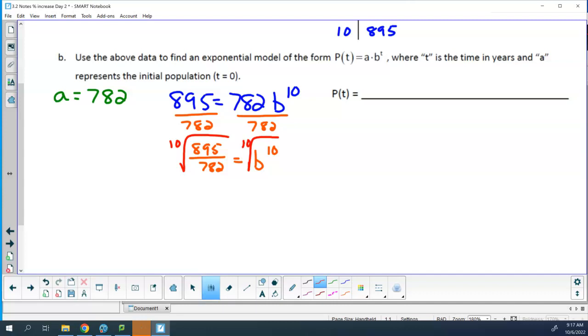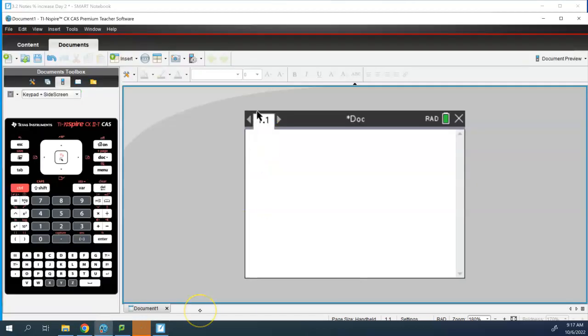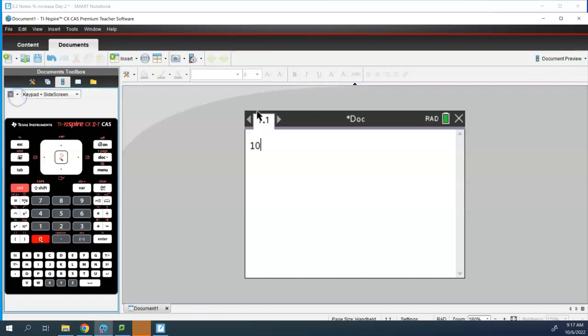So that is going to give me B is equal to the 10th root of 895 divided by 782.